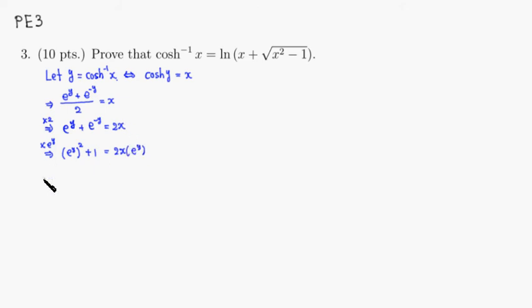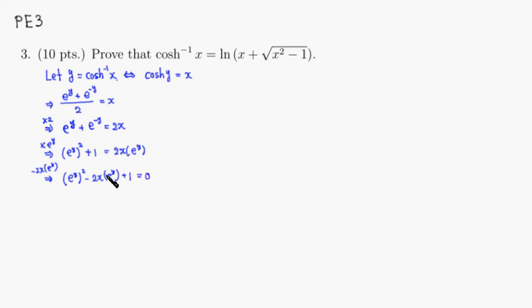I'm going to move this over to the other side so that all the terms are on the left-hand side. So subtract 2x times e to the y, and you get e to the y squared minus 2x times e to the y plus 1 is equal to 0.